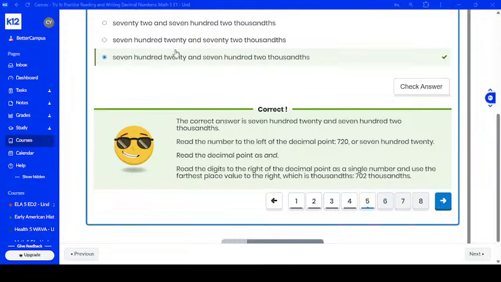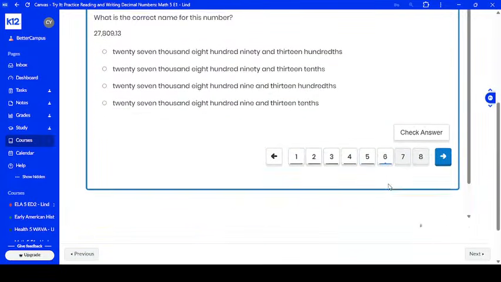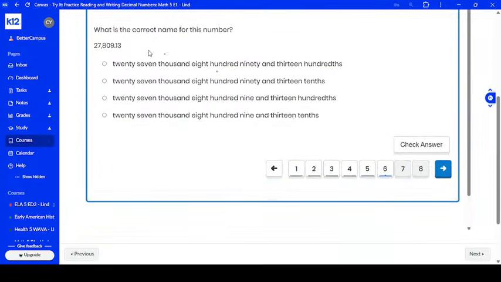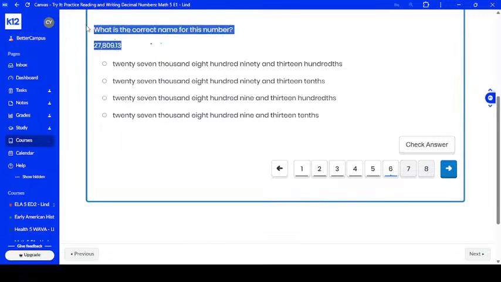Let me end the poll. Okay. What is the correct name for this number? Is it A, B, C, or D?